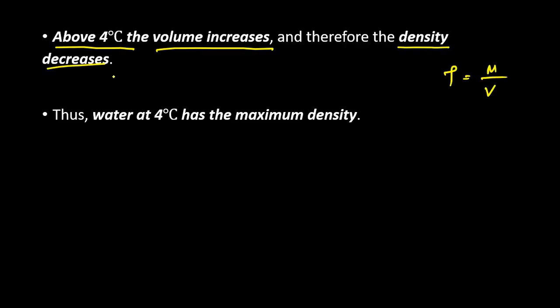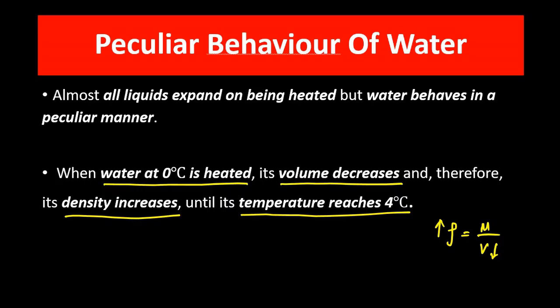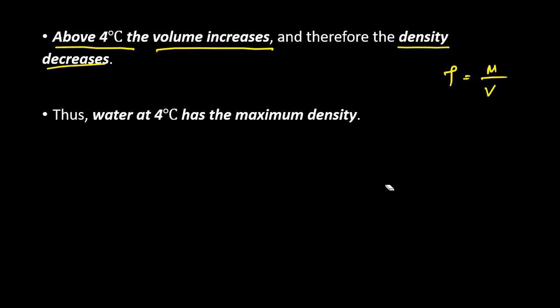Mass is fixed. Here volume decreased, here volume increased. So as volume increases, its density decreases, because of the inverse relationship, volume is in the denominator.